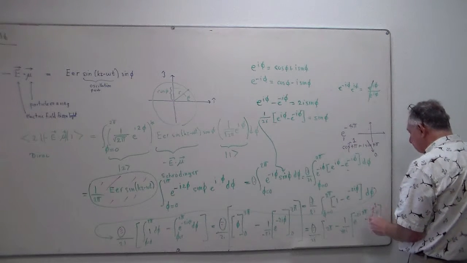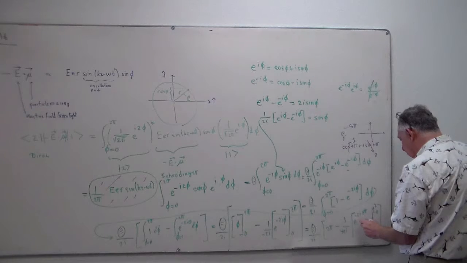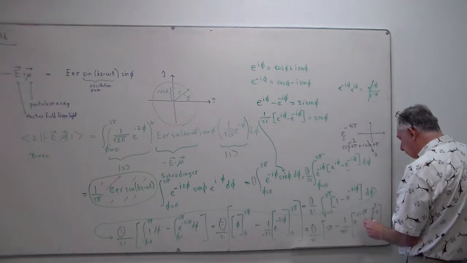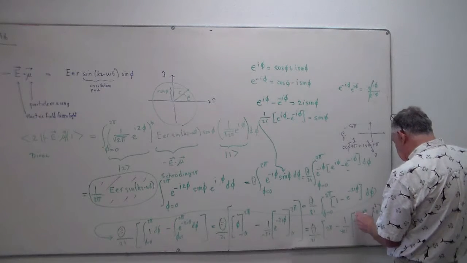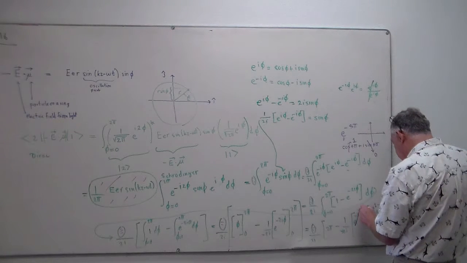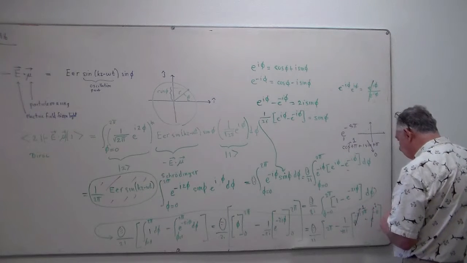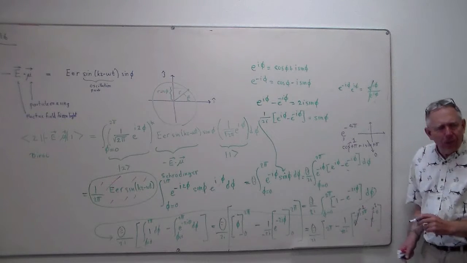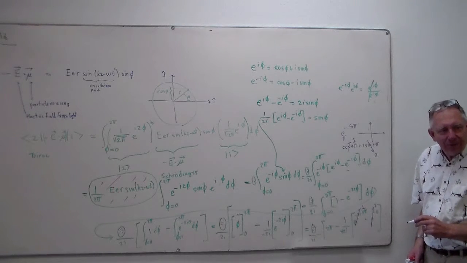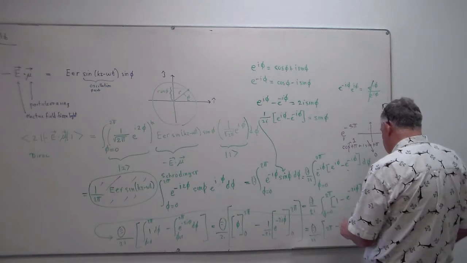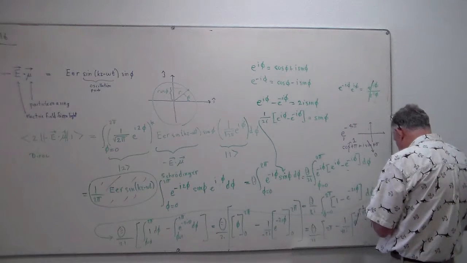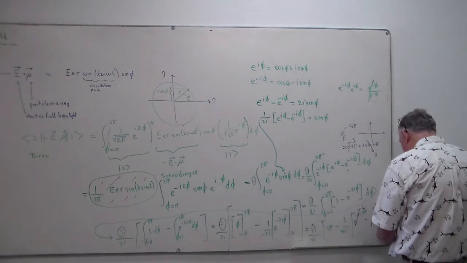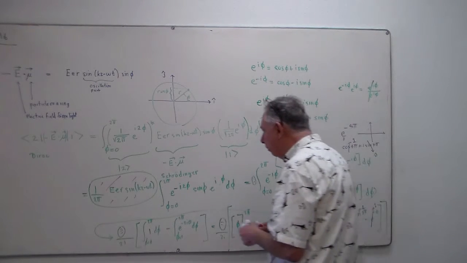So this number is 1 also. And what's 1 minus 1? 0. That whole piece drops out. Okay, so what we're left with is a non-zero transition moment integral.